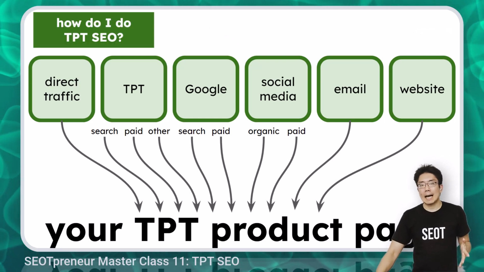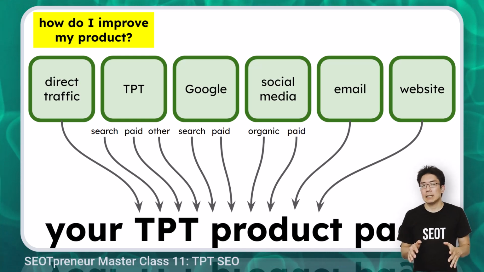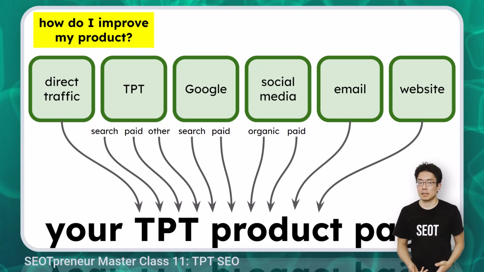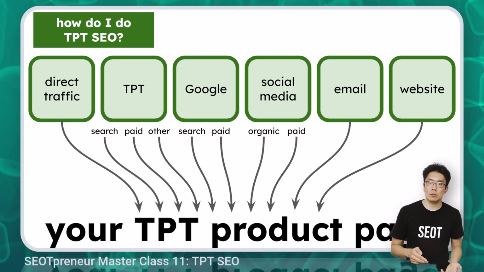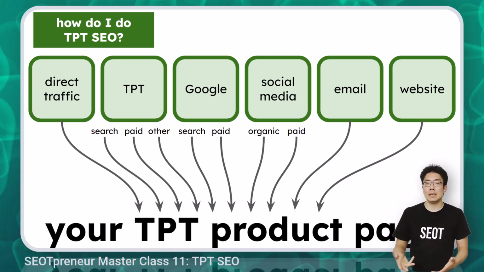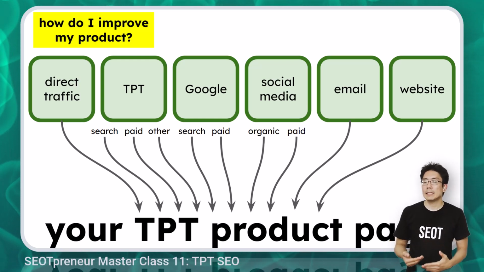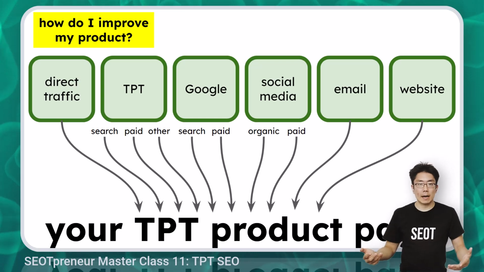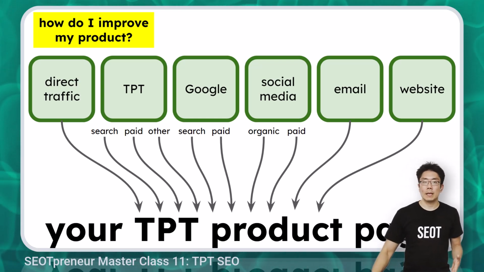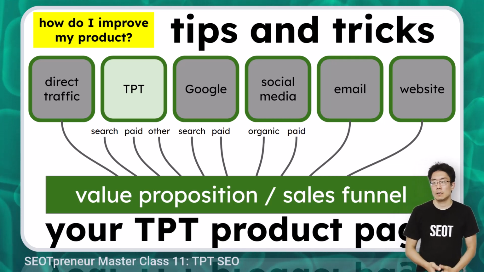So a question I get asked is, how do I do TPT SEO? And really what they're asking is, how do I improve my product? But they phrase it as, how do I do TPT SEO? Because they've heard that keywords are important and TPT SEO is important. But then oftentimes the feedback that is given is great feedback, but it's general information about how to improve a TPT product.